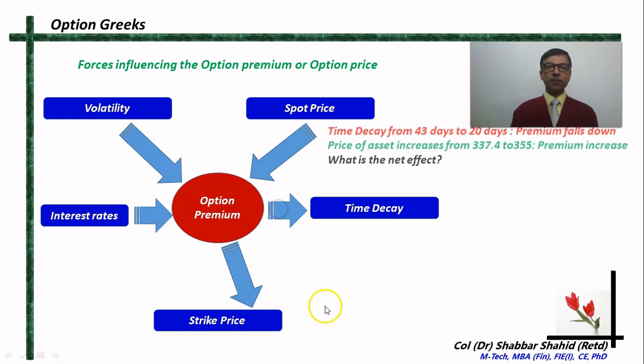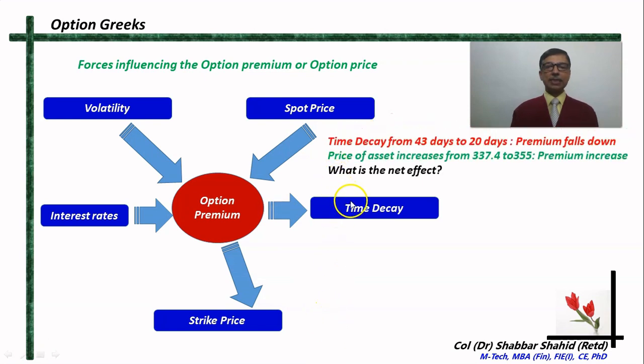For example, consider time decay and the asset price. Now you know that time decay, say for example from 43 days to 20 days, if the time left for expiry comes down from 43 days to 20 days, then obviously the premium will fall down. We all agree with that, we have studied this.